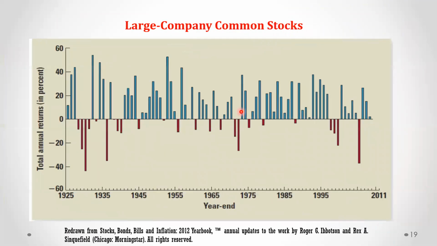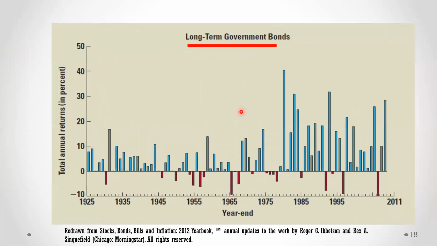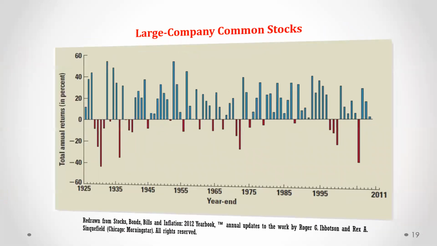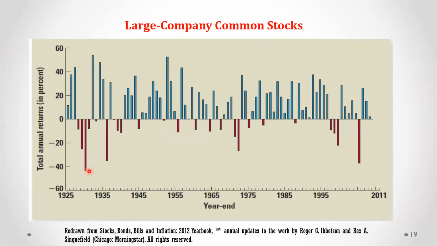So this is for the stock, especially for the large company stock. It's obvious that compared to bond, the up and down is substantially larger for the large company, because you can see the bond's worst situation is minus 10%, but for stock it can be minus 40%.